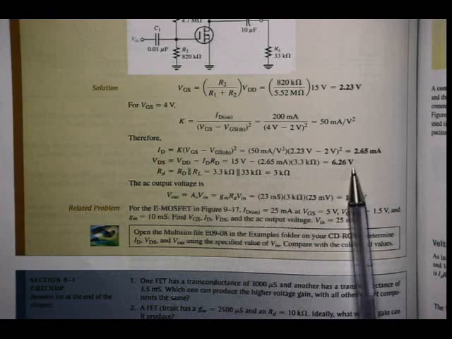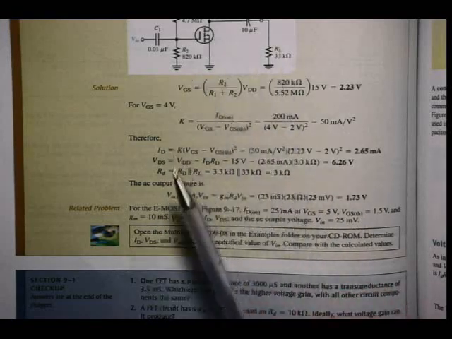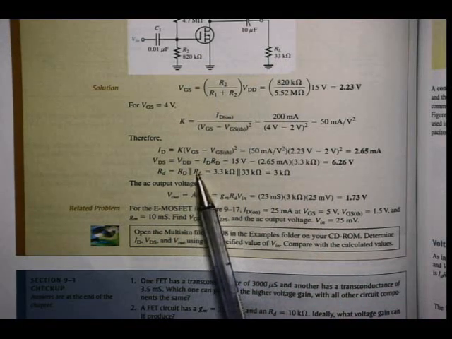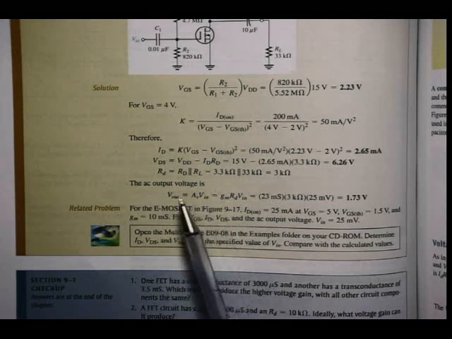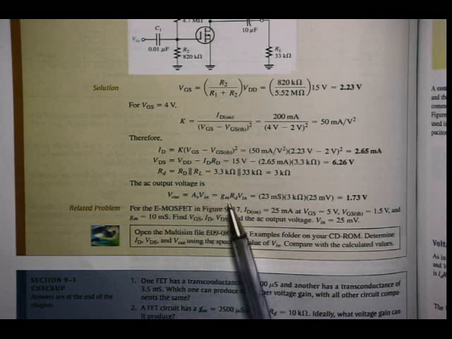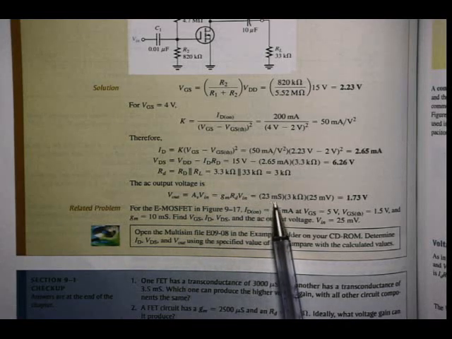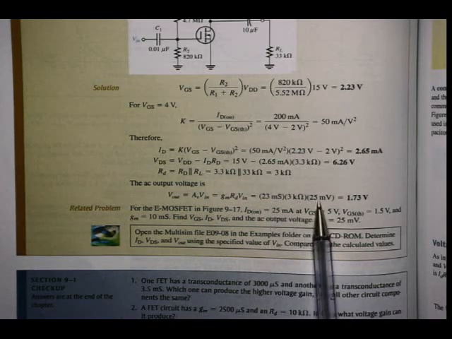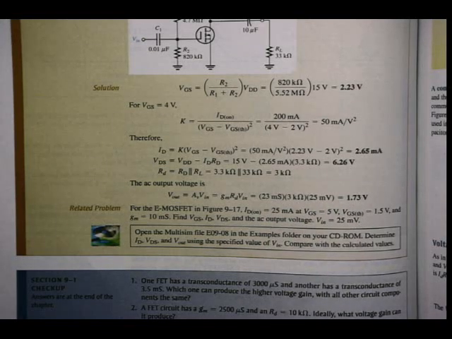VDS 6.26 volts, then RD, remember there's a load resistor, I have to calculate RD in parallel with RL, 3 kilo ohms, so the AC output voltage is gm RD V in, 23 millisiemens, 3 kilo ohms, 25 millivolts, 1.73 volts.